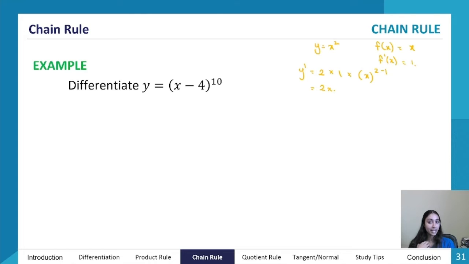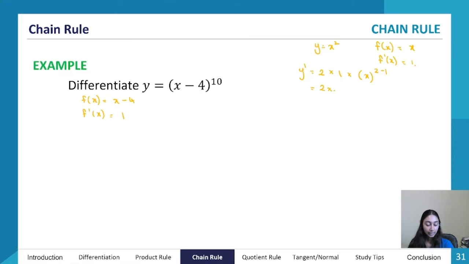Differentiate y is equal to x minus 4 to the power of 10. Let's define our f of x. So f of x is equal to x minus 4. So f dash of x is equal to just 1.